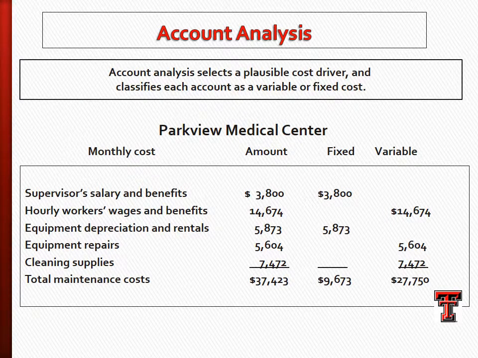Account analysis does make use of data that has occurred in the past. So in this simple example, Parkview Medical Center, we would have gone through the accounting system and literally pulled invoices and transactions and then classified those transactions as either fixed or variable. Obviously, some transactions could have both some fixed amount as well as some variable amount.